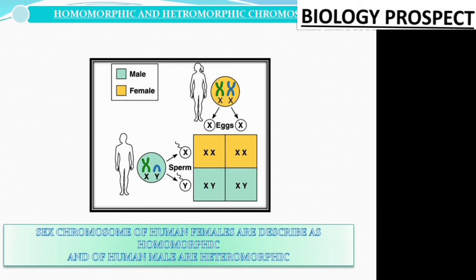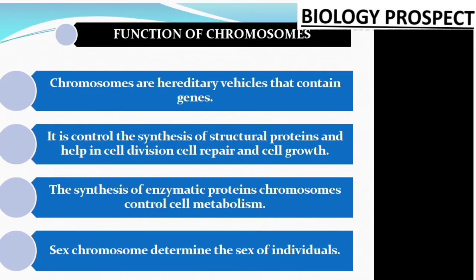Now the next slide explains the function of the chromosome. This is the last topic of the chapter. We have already learned about the different functions of the chromosome; here I include all the parts together. Chromosomes are the hereditary vehicles that contain genes.